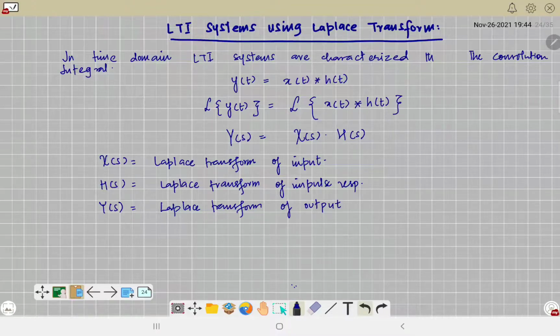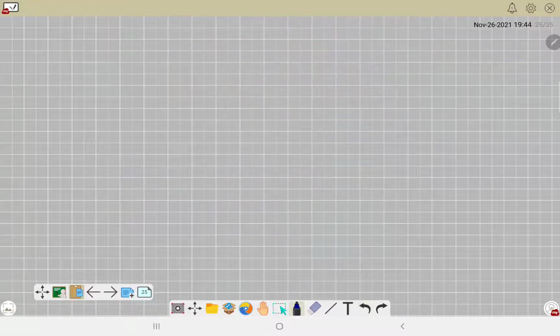So this becomes a defining relationship in the S domain. Alternatively, we sometimes express H of s as a ratio, Y of s divided by X of s.